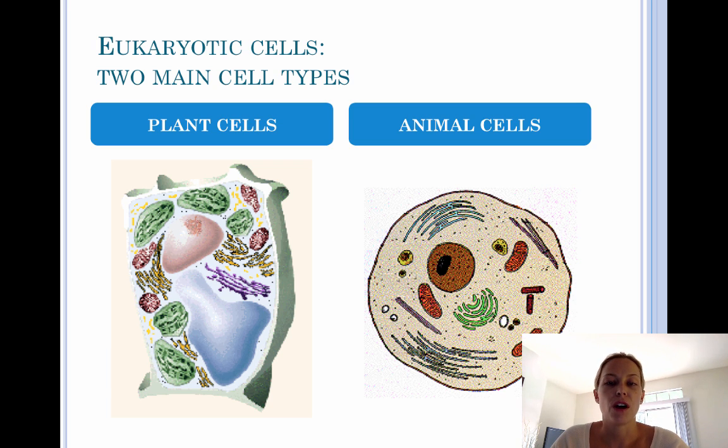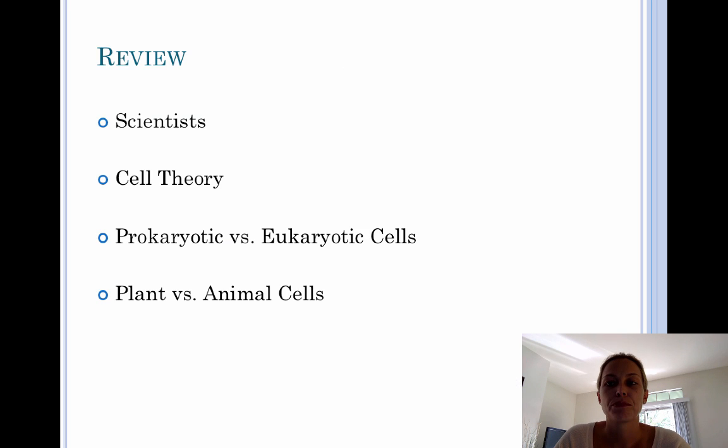So if you are asked to identify whether you are dealing with a plant cell or an animal cell, you should be able to figure it out just by looking at shape. If it's rectangular or square in shape, you know you're dealing with a plant cell. If it's circular or irregular in shape, or you really have no idea what the shape is, you're most likely dealing with an animal cell.